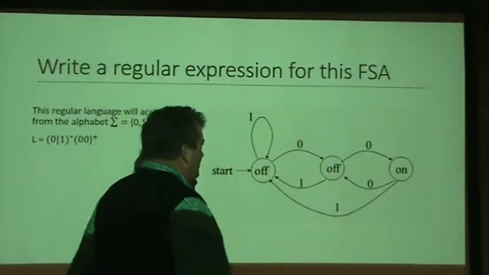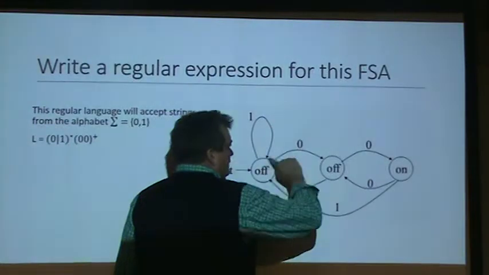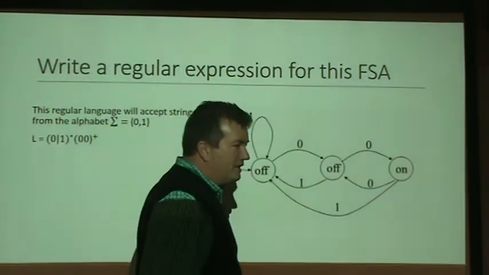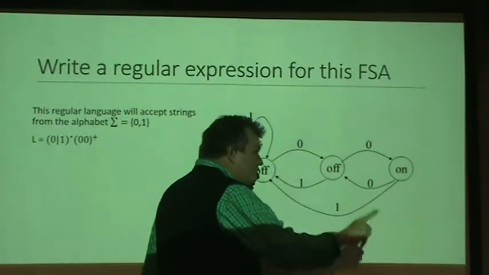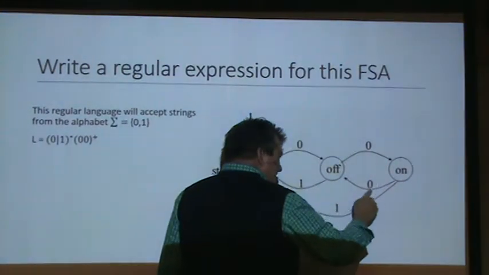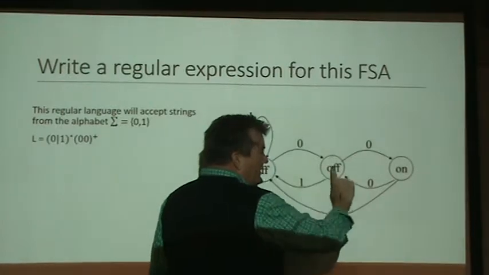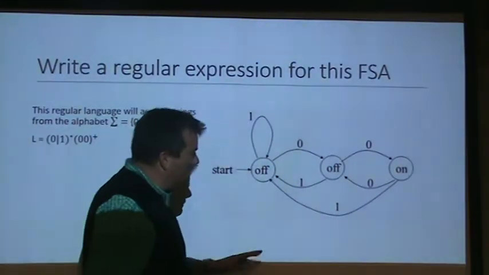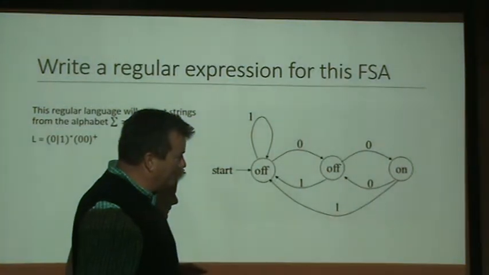So, I'm reading a bunch of 1s. I read a 0 immediately followed by a second 0. Now the word is considered acceptable. If I read a third 0, it's unacceptable, but it's one more 0 away from being acceptable. So, what's going on in this finite state machine?